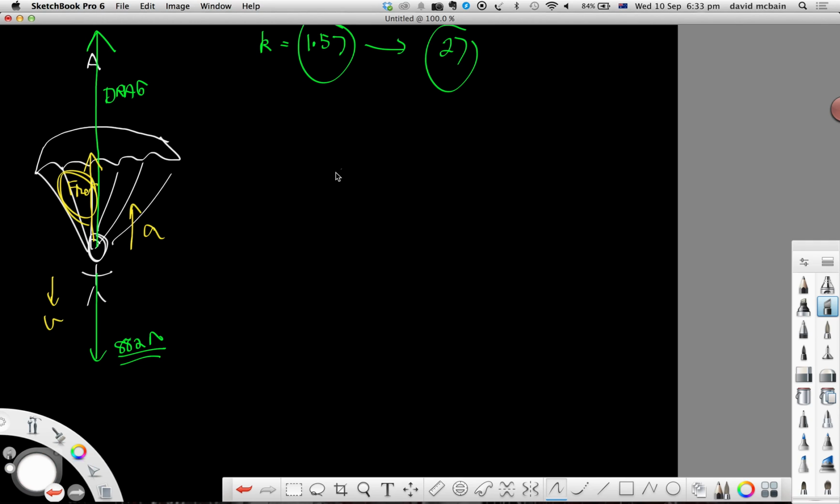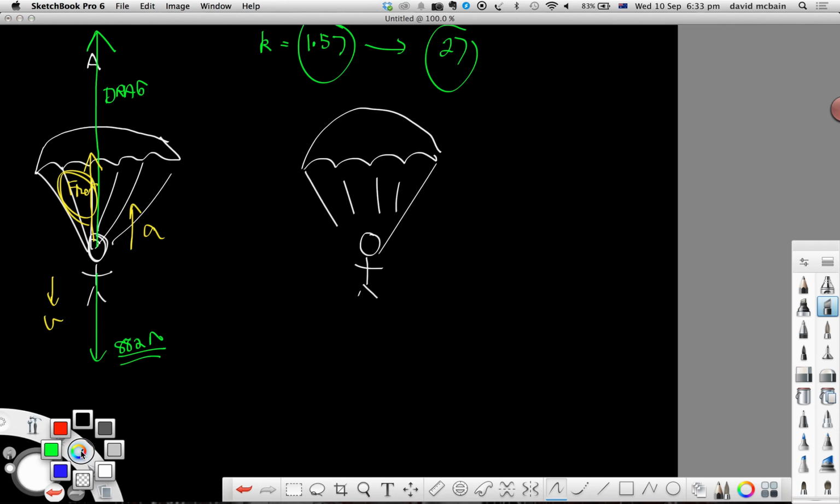So in the second diagram, there's our parachute and there's our person. Now in this particular diagram, and perhaps in the first one I should have drawn a longer velocity vector because they're traveling pretty quickly. In the second diagram, now they've been decelerating for a while, now they're much slower. So they're still moving downwards but at a much slower speed.